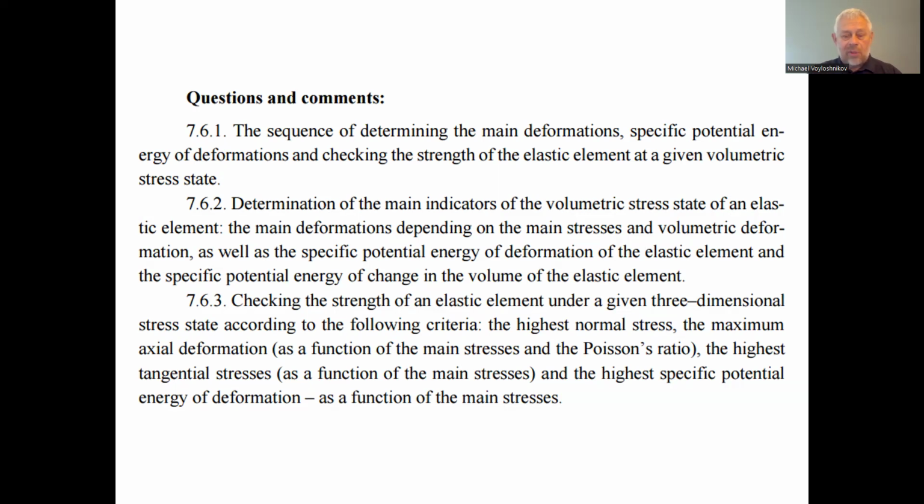This will be almost equivalent to the maximal tangential stress. To find the maximal tangential stress, we take the difference of the main stresses divided by 2, so sigma 1 minus sigma 3 divided by 2. But for finding the equivalent stress to compare with the permissible normal stress, we can consider only the numerator, sigma 1 minus sigma 3, which will be the equivalent normal stress by the hypothesis of tangential stresses.